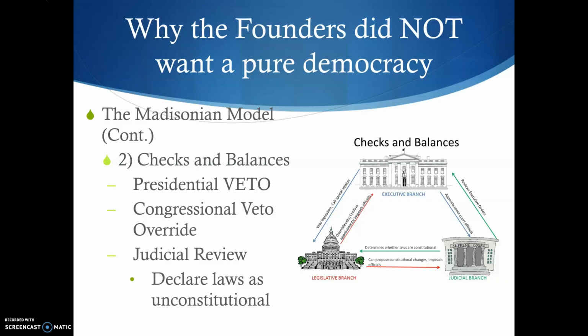This is a separate process. This is after a bill has become a law. If someone takes that law to court and challenges it, it's up to the court to determine if that law goes against the Constitution. If they believe it does, then all that work by the legislative and executive branches is thrown out as the court deems what is constitutional and what is unconstitutional.